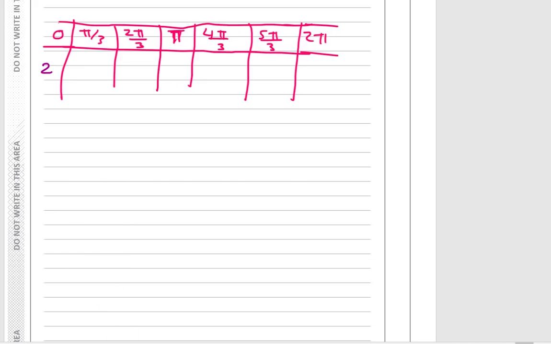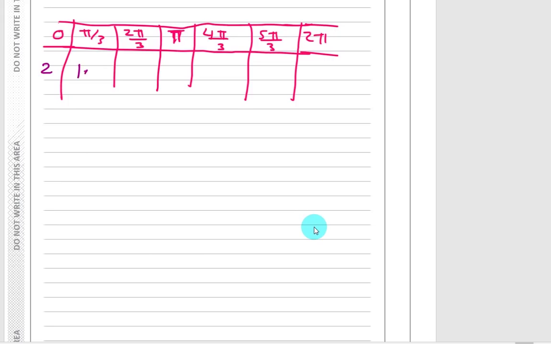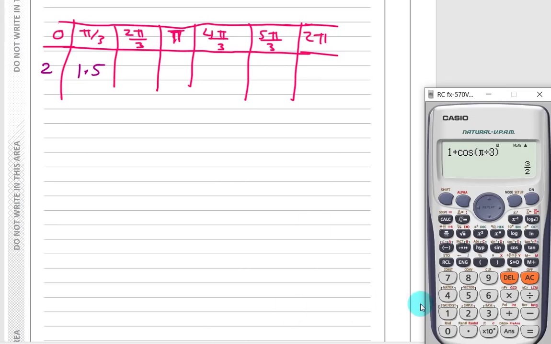Now pi over 3, 1 plus a half, which is 1.5. 2 pi over 3, so half.